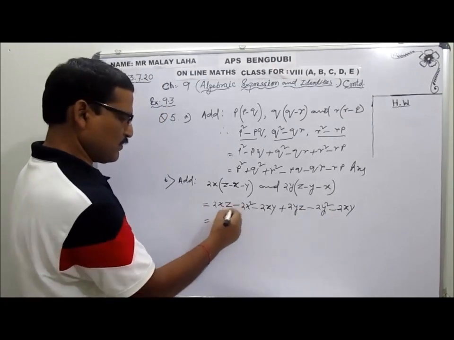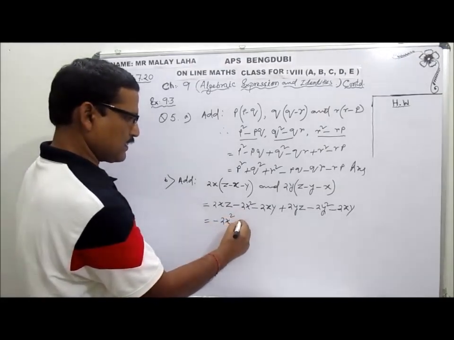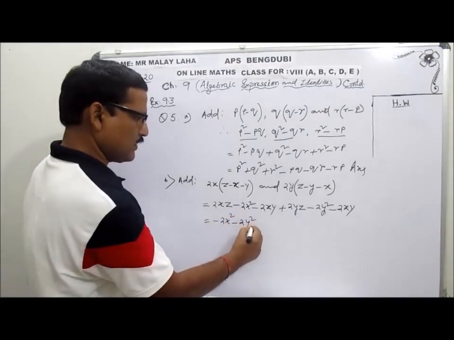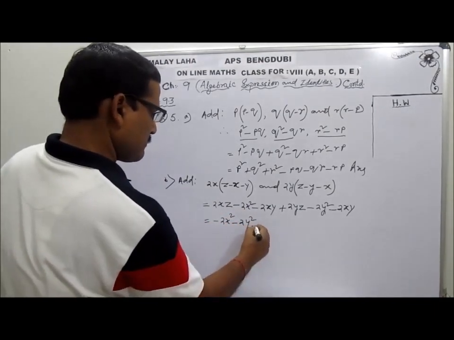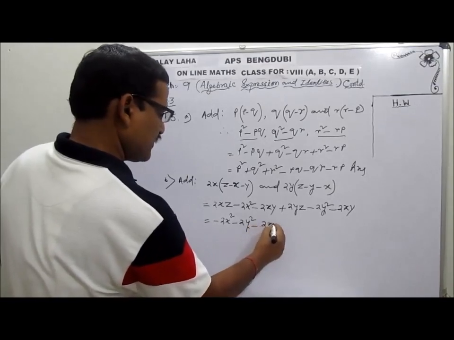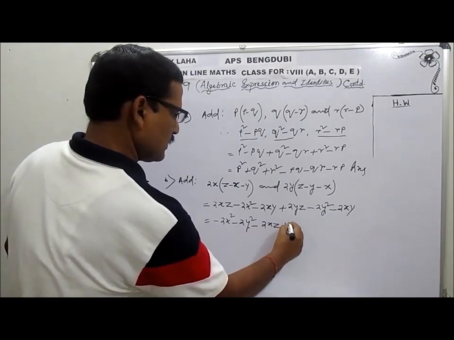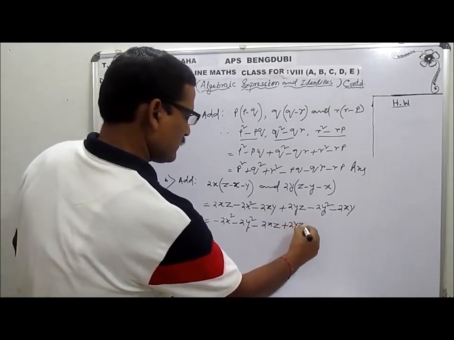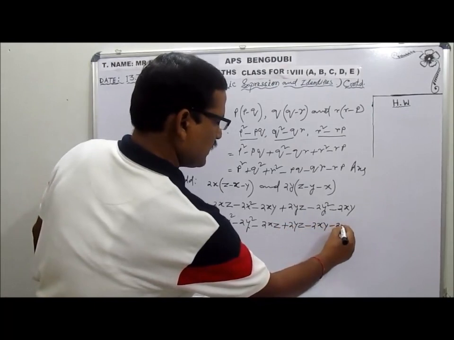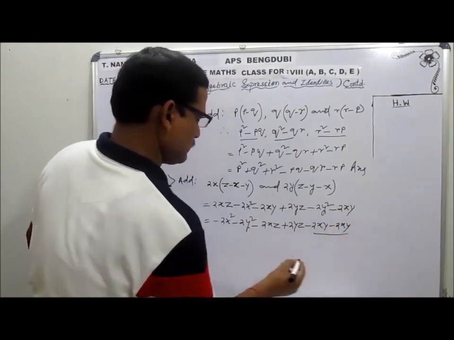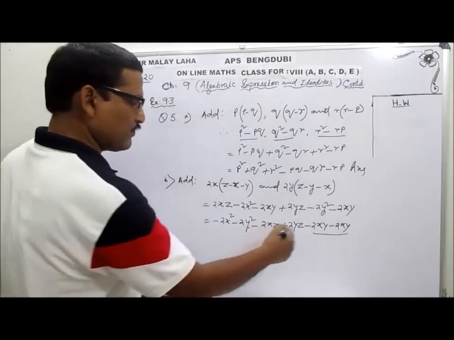So according to the power you have to write down 2x square minus 2x square minus 2y square minus 2y square, then minus 2xz plus 2yz minus 2xy minus 2xy. So only here like term, and these two are unlike. Xz and yz are not like. Okay, you cannot reduce further.